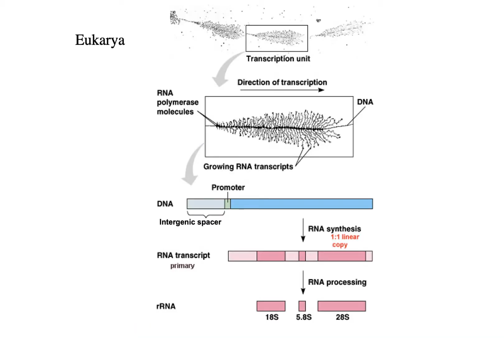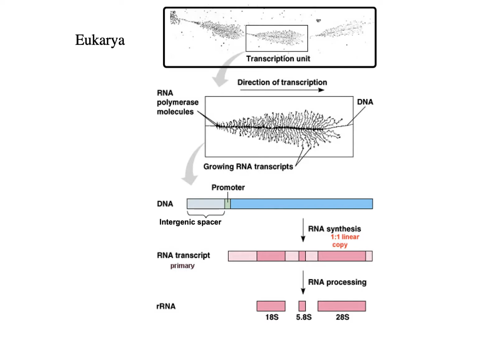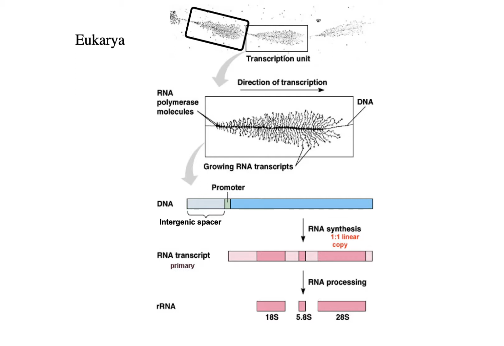In the majority of eukaryotes, more than one copy is found along the chromosome in tandem arrays. So you have one transcription unit here, one gene, containing the large and small subunits and 5.8S genes. Another one here, and you can have hundreds of these in a row.